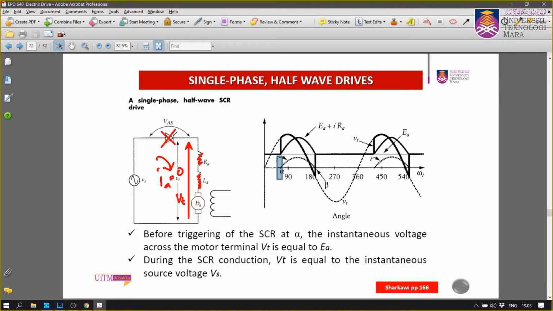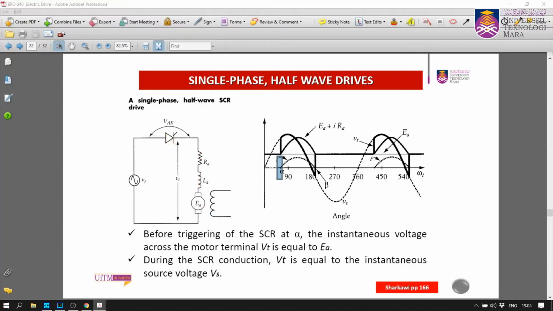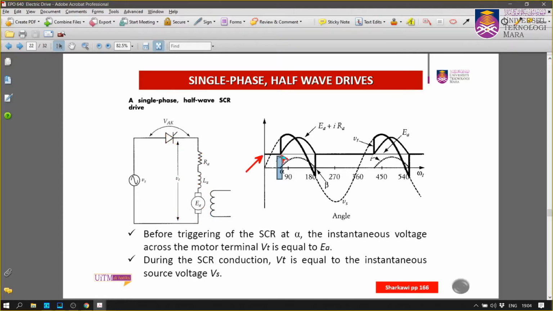So VT equals EA, because before you turn on the thyristor it is off and there is no current flow. So from the beginning until there, you have VT equals EA. But once you trigger the thyristor, it is switched on, and therefore VT will be equal to Vs.